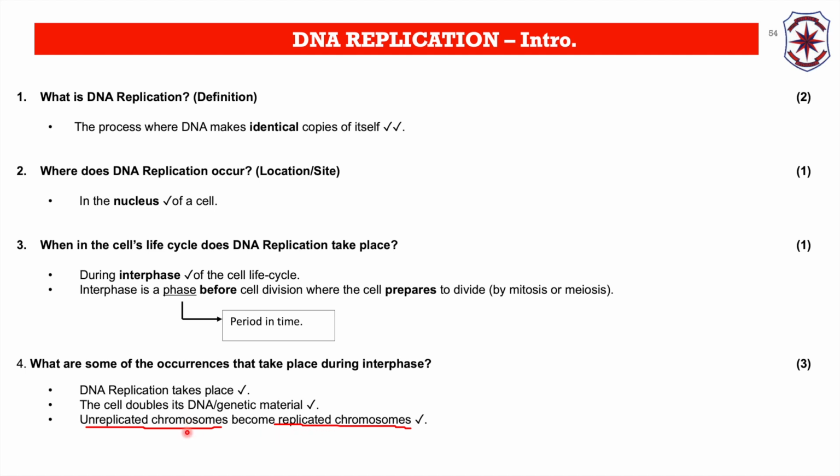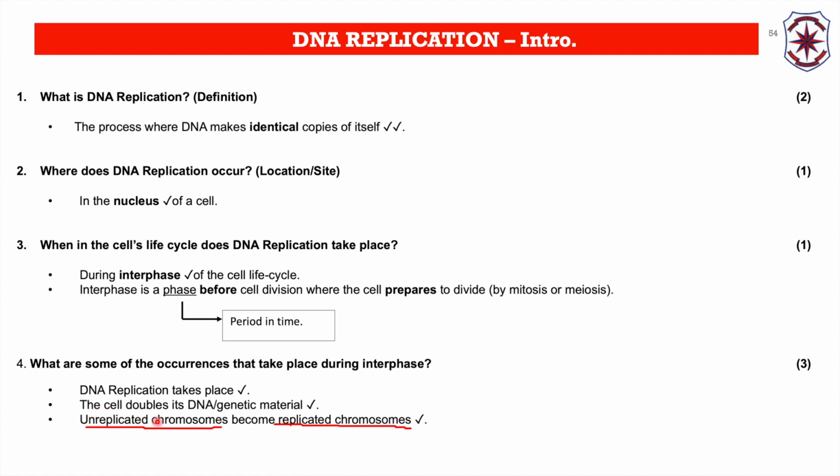If you can still remember, what are unreplicated chromosomes? These are chromosomes with only one chromatid. Now, these chromosomes contain DNA. So if these chromosomes contain DNA and they have one chromatid, when we double that DNA on that one chromatid, we will be creating another chromatid.